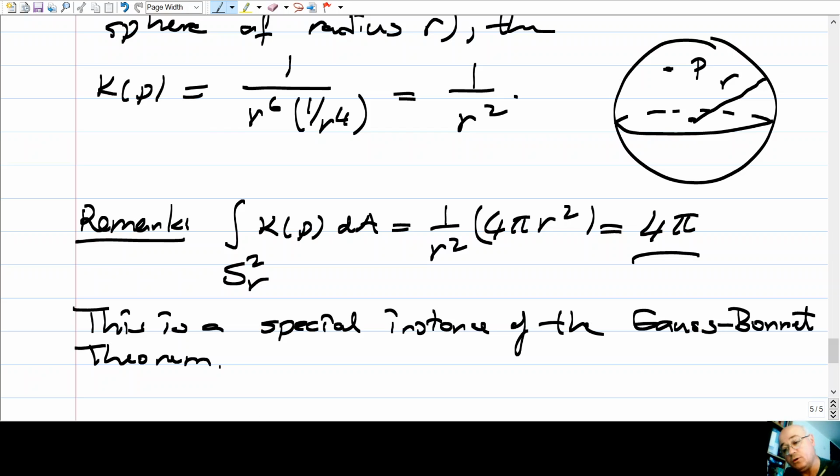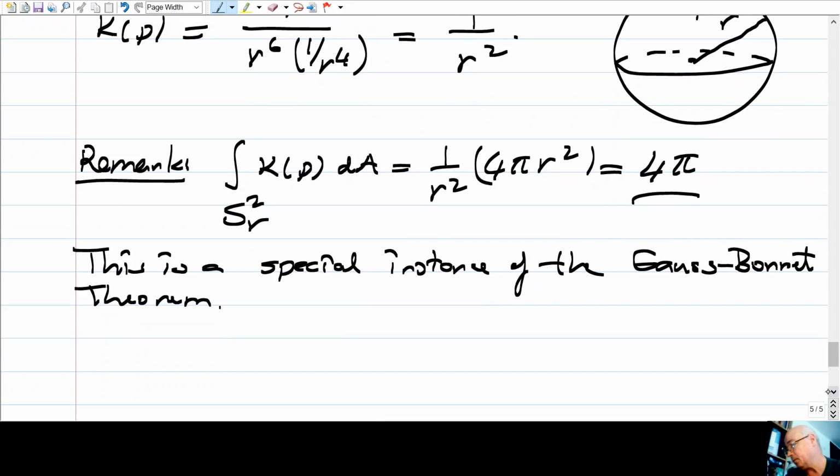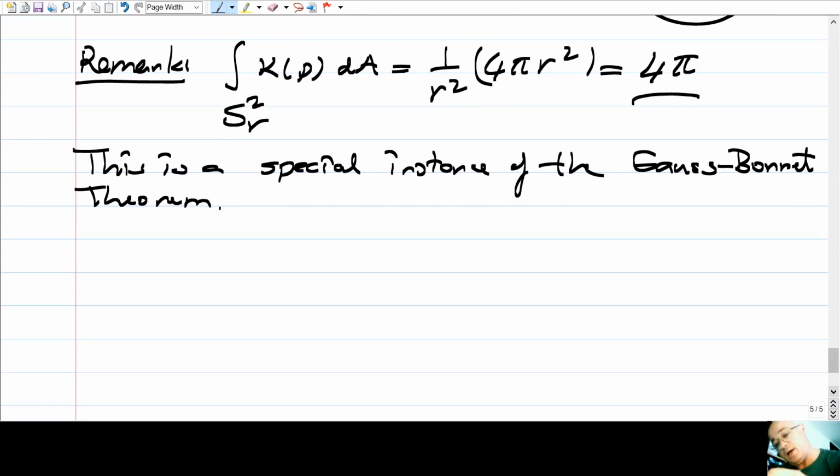We will try to sketch a proof of this theorem stated for more general surfaces, not just for the sphere. Maybe I still have some time. Let me talk about the Gauss-Bonnet theorem a little bit, and then next time I'll pass to a new section.